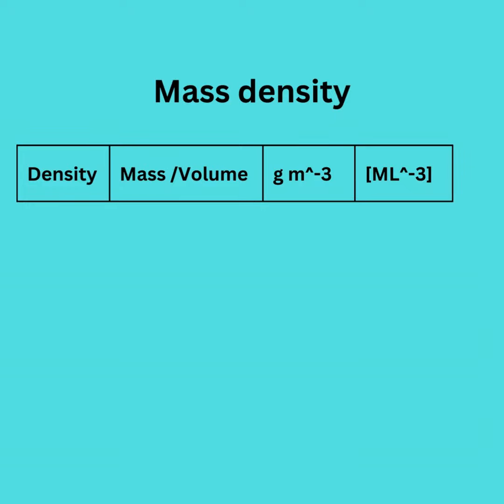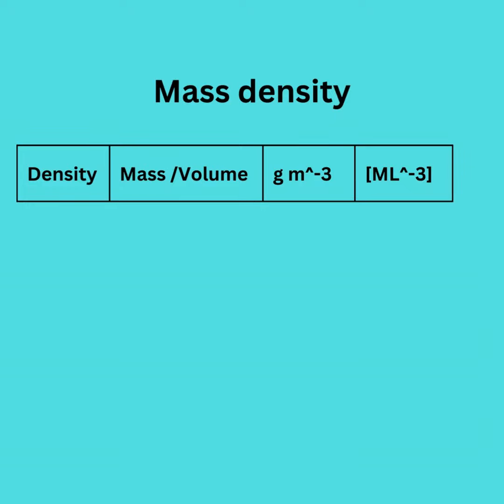Mass in our SI units we denote with grams, so the physical dimension of mass we denote with capital M. And for volume, we have just found L to the power of 3.